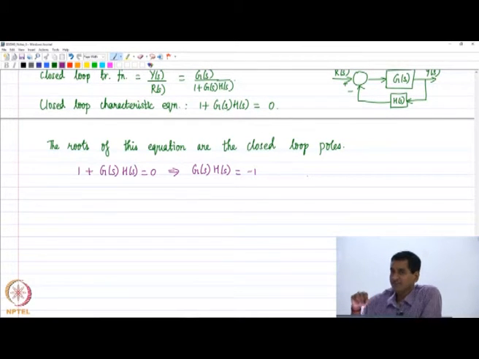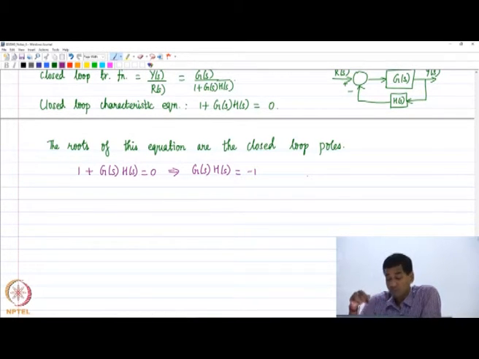So any value of s which satisfies G of s H of s equals minus 1 is a closed loop pole. Do you agree? That is just an algebraic manipulation. And why is this significant? What is G of s H of s? It is the open loop transfer function. That is the definition of G of s H of s.